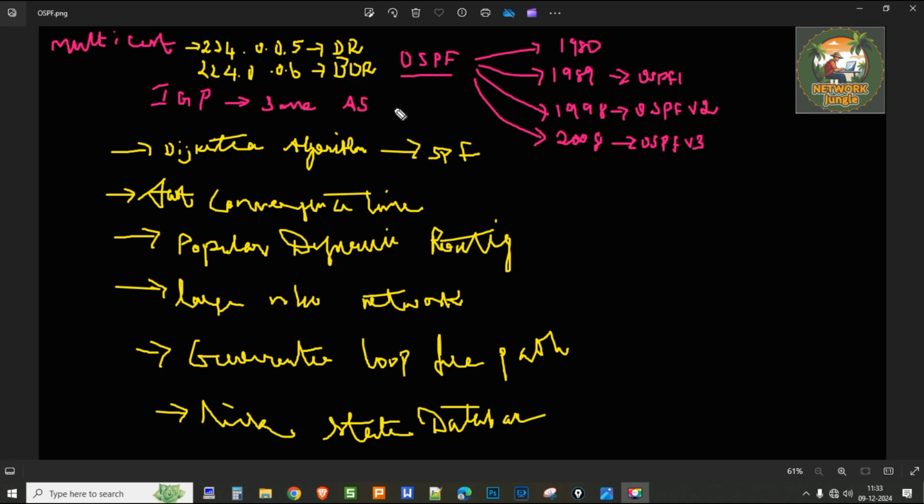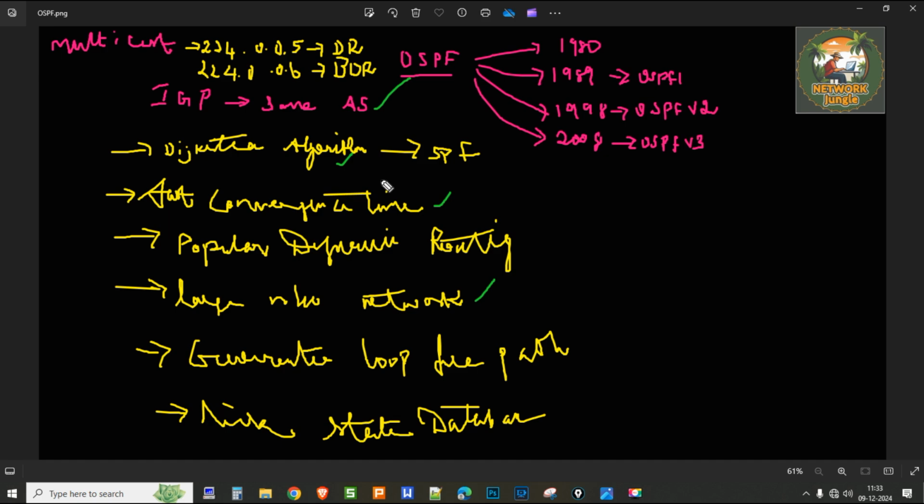I already told you OSPF is a link state routing protocol used to route packets within the same autonomous system. It is a popular choice for large networks due to quick convergence on changes in the topology. That's how it gets fast convergence, using the Dijkstra algorithm to find the shortest path between any two nodes.